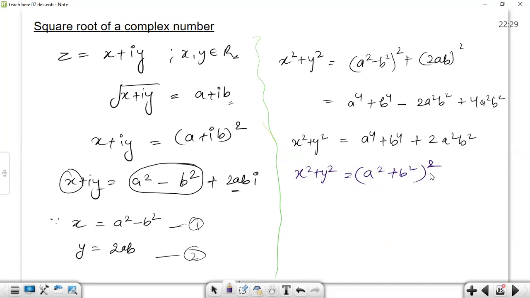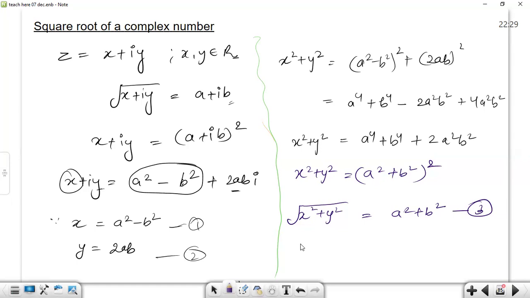So let me write it first, then explain. So this becomes a square plus b square. Now if you observe equation number 1 and 3, we have a square plus b square and a square minus b square. So if we add equations 1 and 3, then on the right hand side b square will cancel and only one variable will be left. So that means we will be able to find the value of a, right?